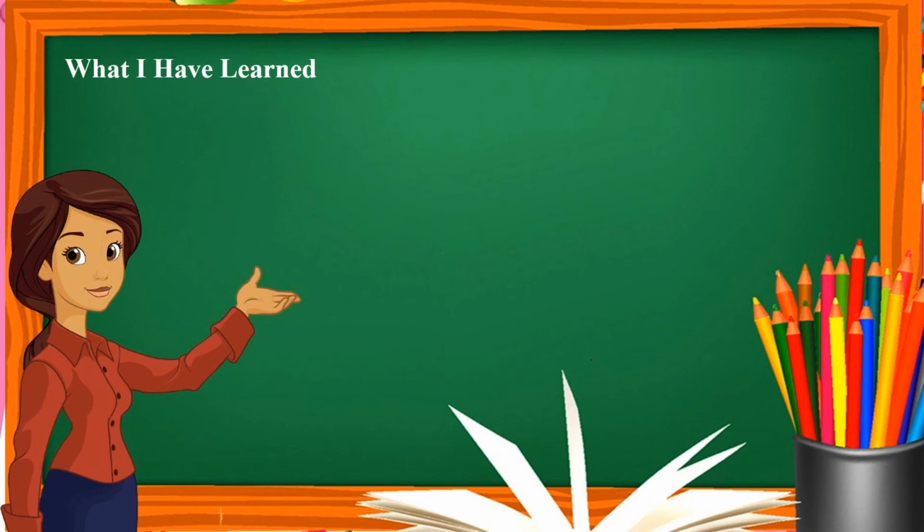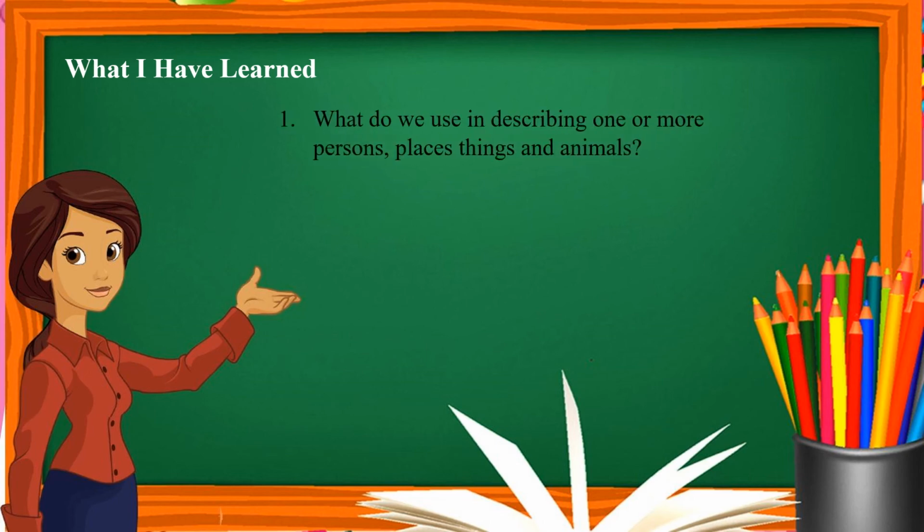Okay, what I have learned. Eyes in front. Now, what do we use in describing one or more persons, places, things, and animals?